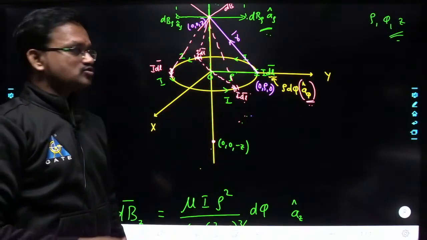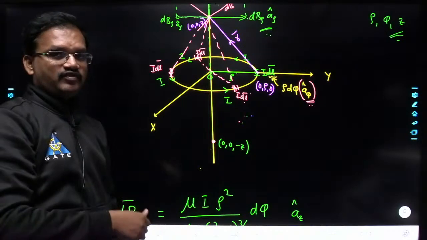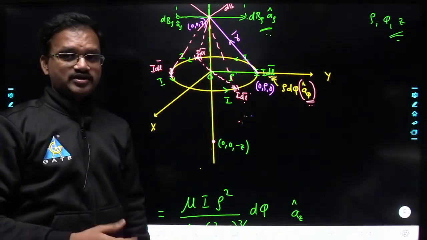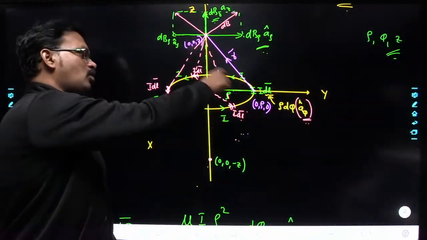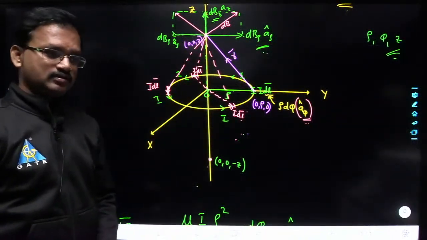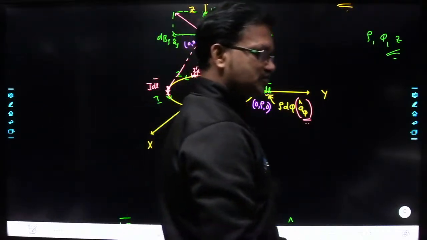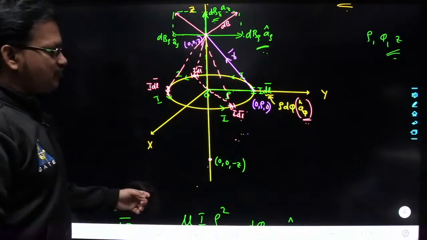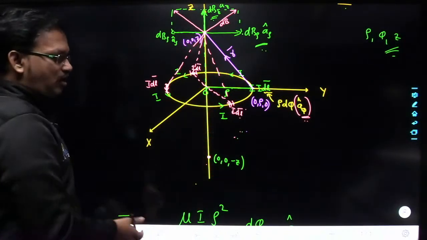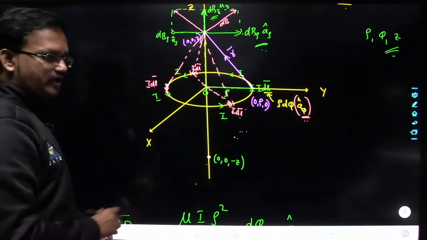So whatever point you take, the B field must point in the positive z direction only. The B field direction depends upon how the current is circulating here. If you want, you can do all the analysis, and you are going to get the same result.